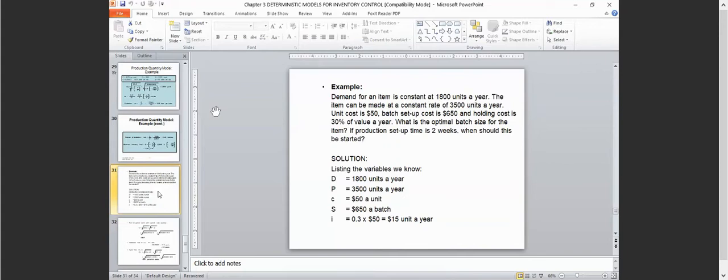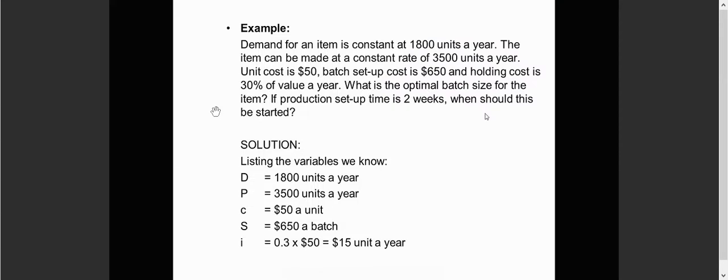For example, we have a demand for an item that is constant at 1,800 units per year, and the item can be made at a constant rate of 3,500 units a year, and unit cost is 50 ringgit, and batch setup cost is 650, and holding cost is 30% of value a year. What is the optimal batch size for the item? If production setup time is 2 weeks, when should this be started?